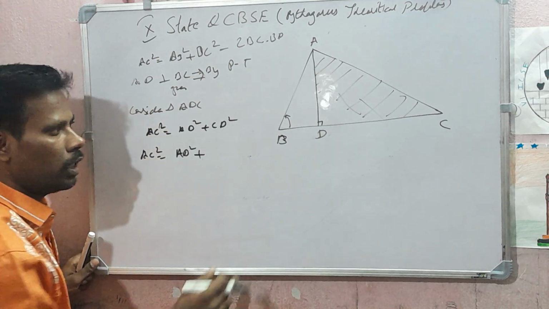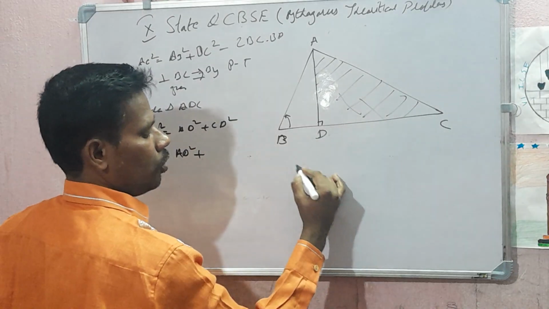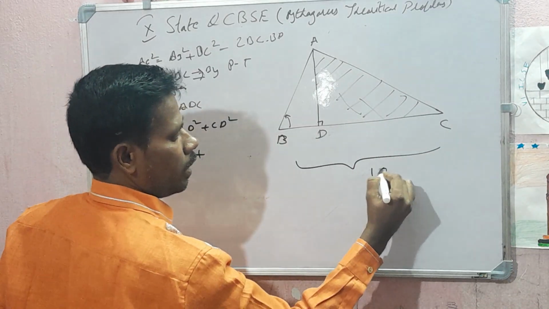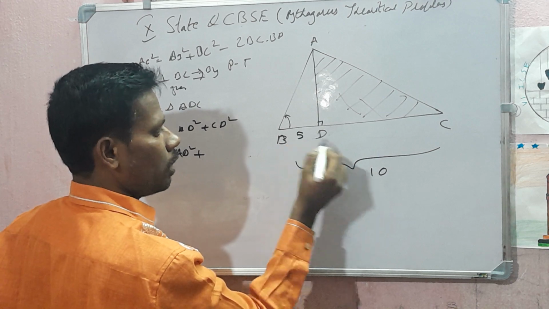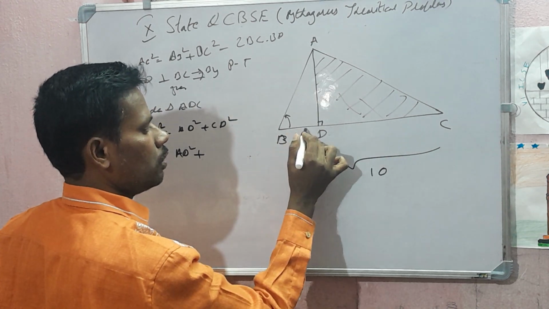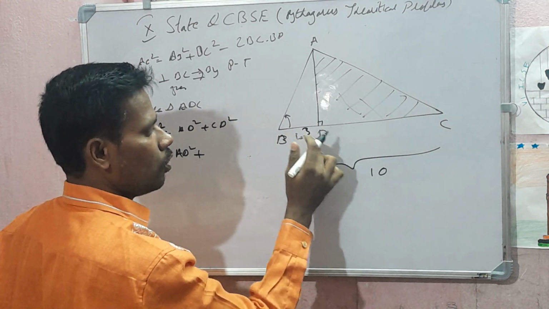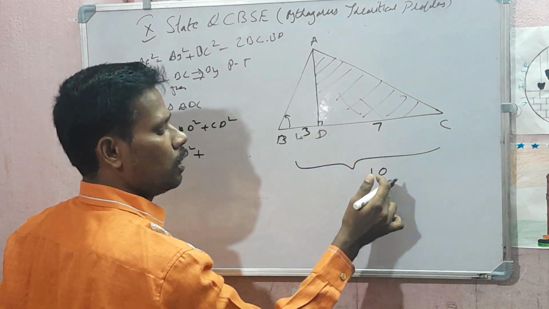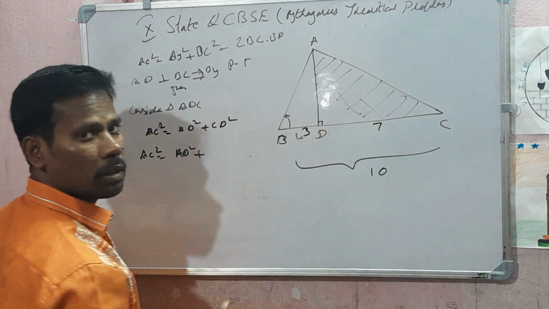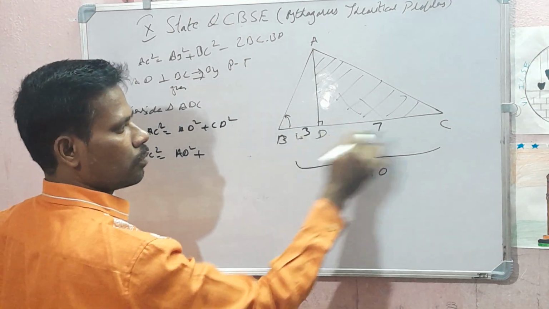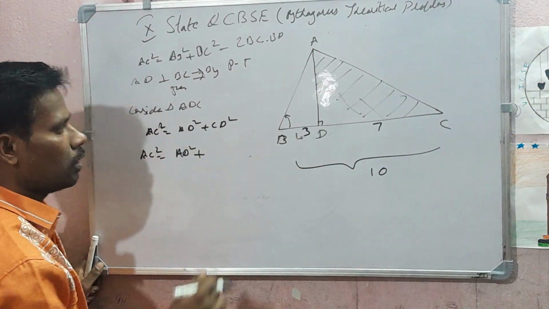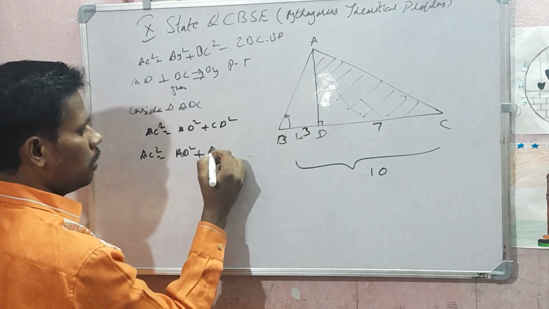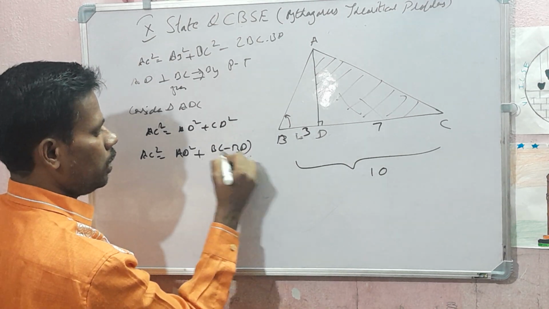CD, how will we get the CD length? Suppose this total length is 10, and this is 3. What is this length? 7. How will you get it? 10 minus 3 is 7. So that means CD is nothing but BC minus BD, whole square.